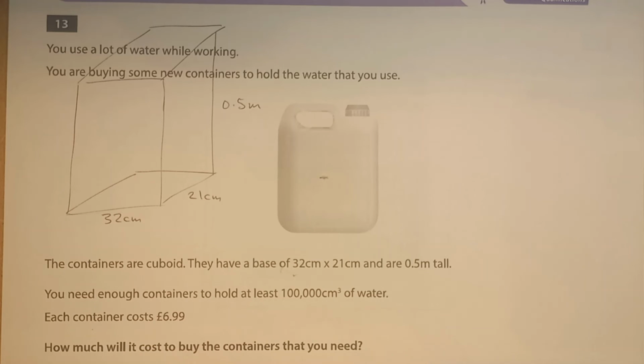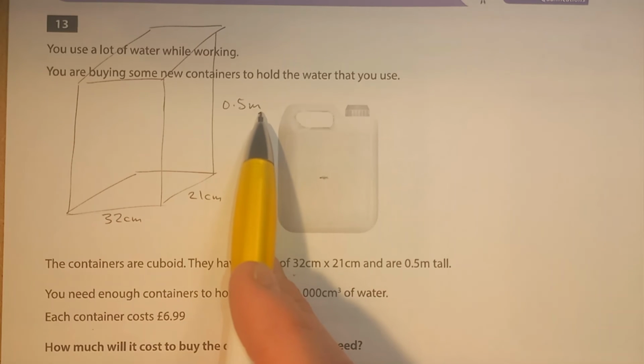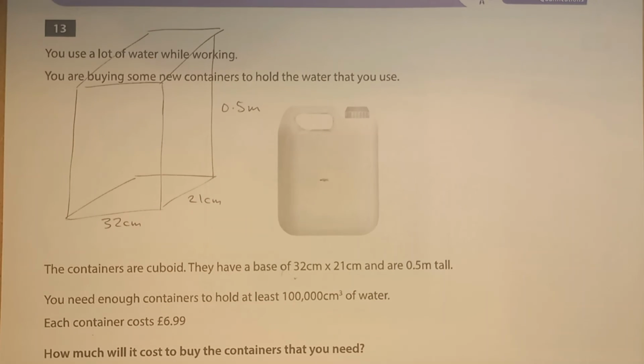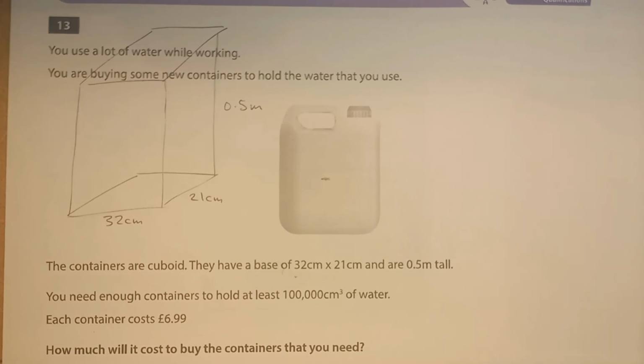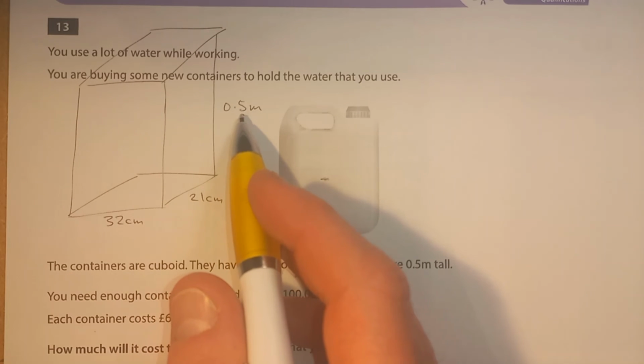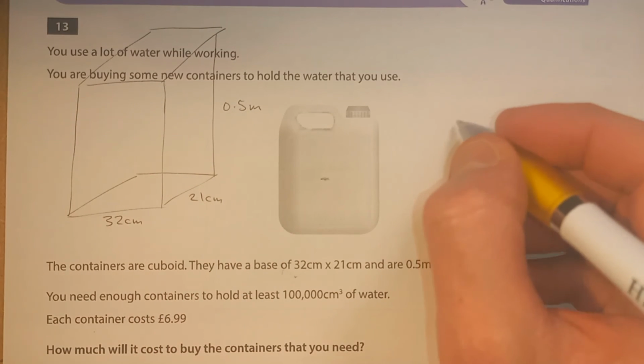Right, so nothing to notice on this one again is we've got centimeters, centimeters and meters. So if possible, convert your units straight away so you don't want lots of different units, you just want one unit. Because we've got 2 in centimeters, I'm going to turn this one into centimeters as well.